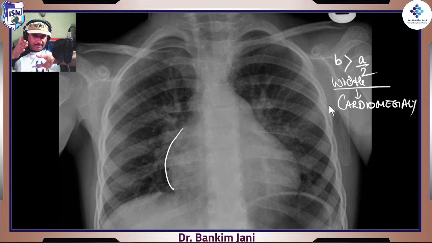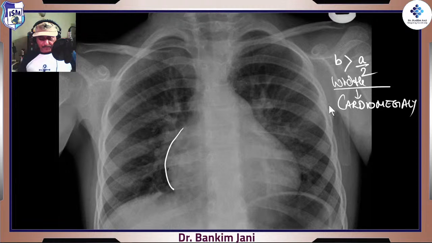So on my right hand side, this is the right atrium, in front is the right ventricle, and the left side is formed by the upper left atrium and the left ventricle. Left atrium would be going absolutely posterior. So here it is the right atrium. You can see the bulge. That is the right atrium which is enlarged. So the first thing was cardiomegaly. Second thing, the right atrial enlargement.